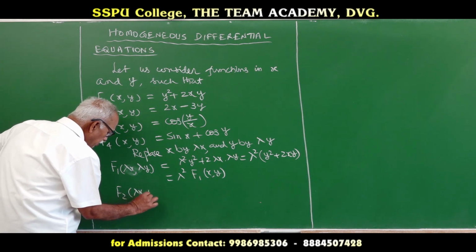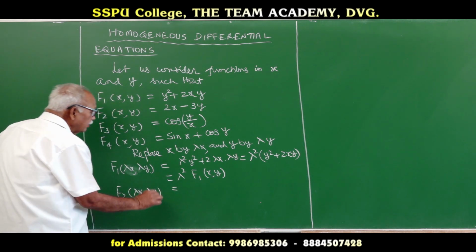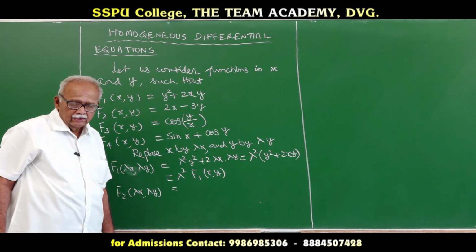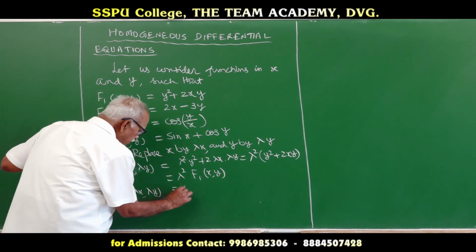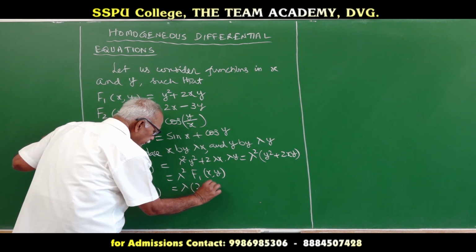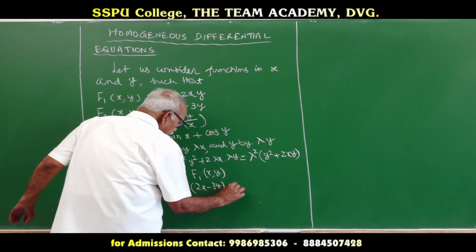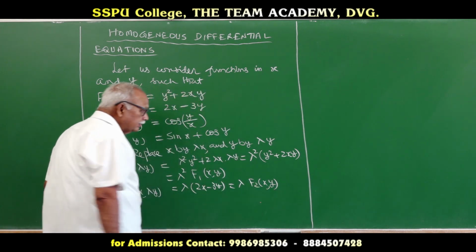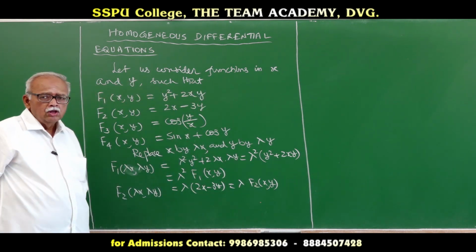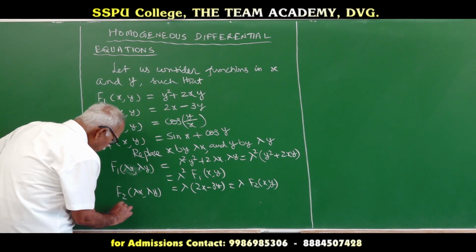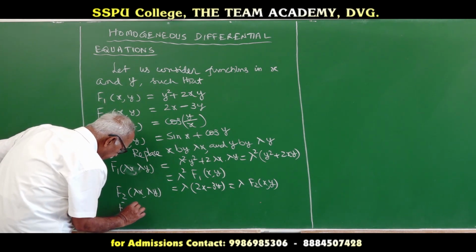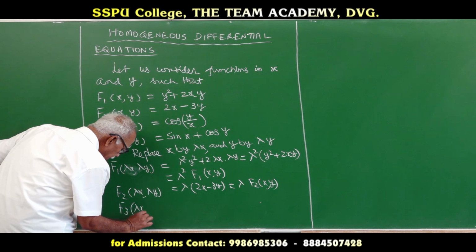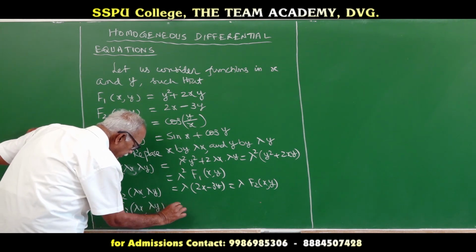Similarly, f2 of lambda x, lambda y, I am taking the second function. This will be lambda into 2x minus 3y, or lambda into f2 of xy. Now, let us take f3 of lambda x, lambda y.